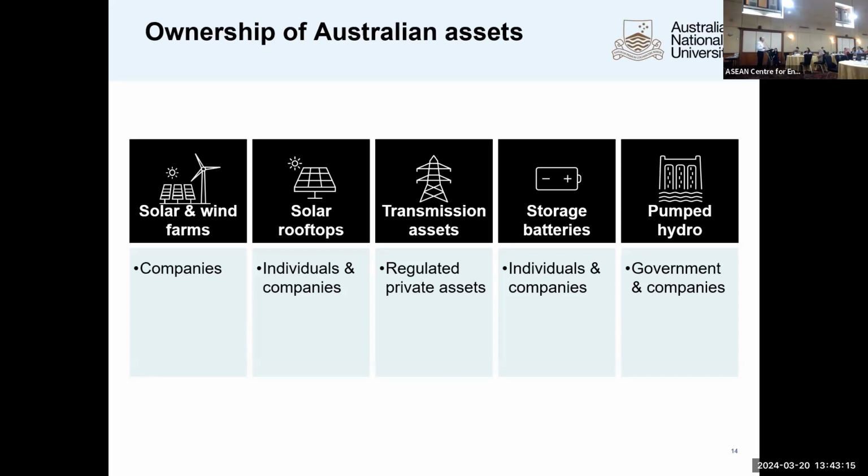So transmission assets are almost all private, but because that's a monopoly, it's a regulated private monopoly, and the private company can build a new transmission, but it has to pass a test called the RIT-T test, which says that this is good value for money.